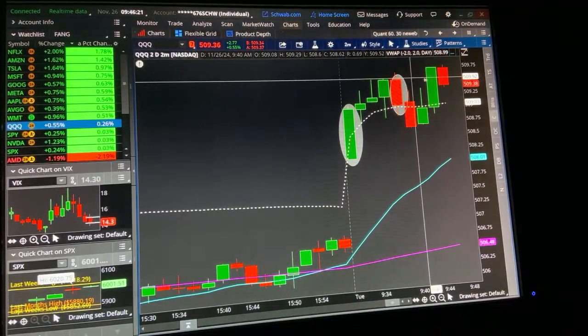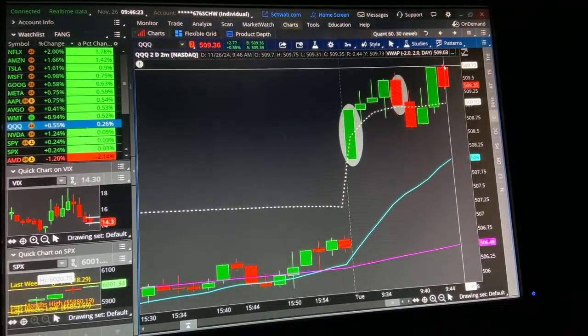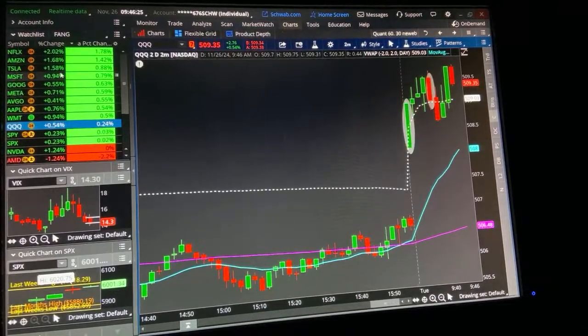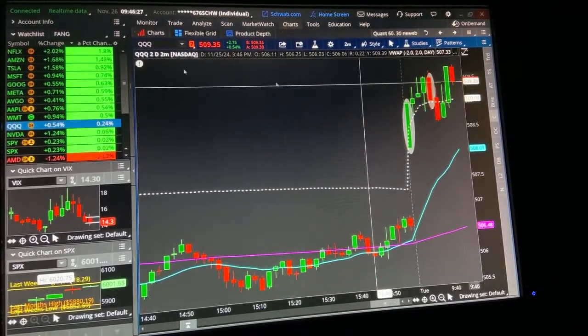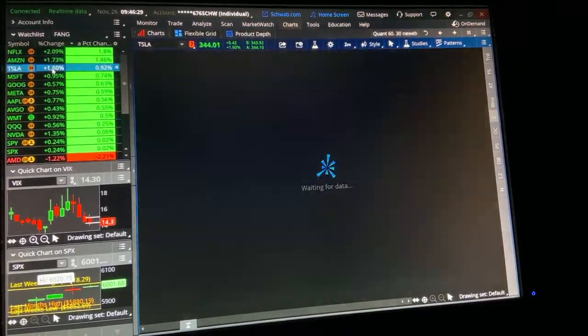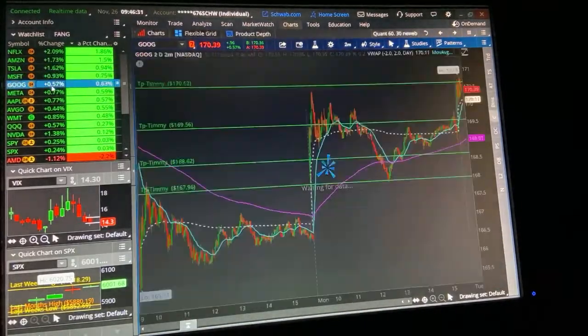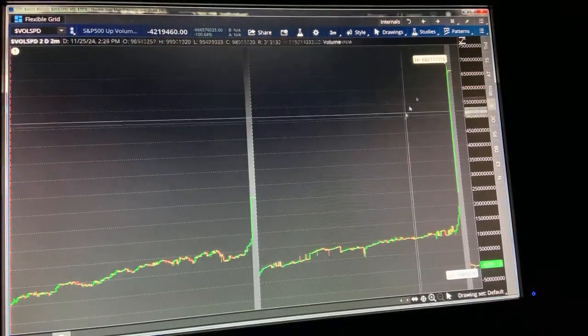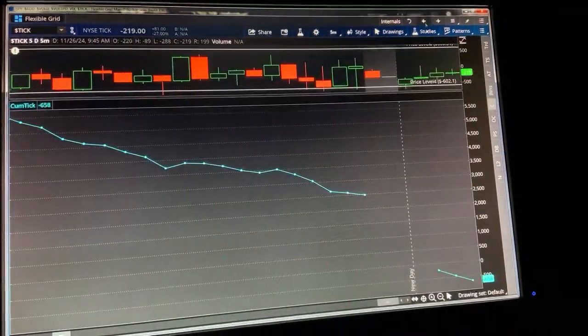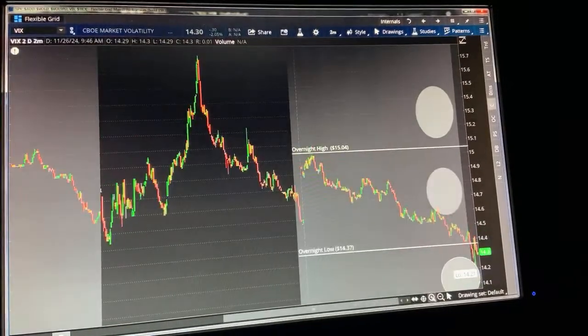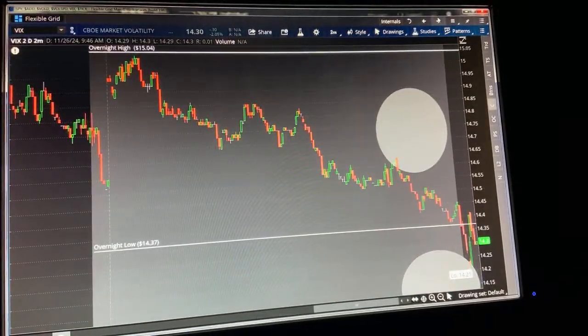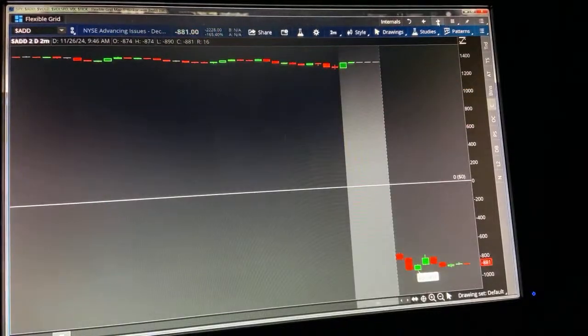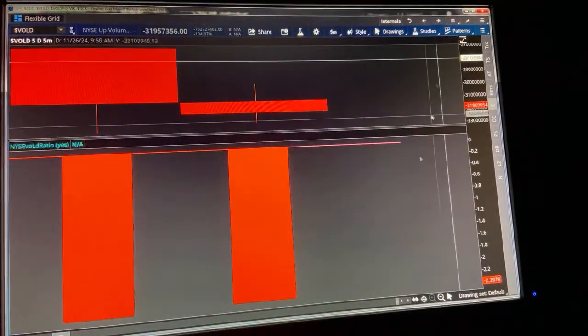Anybody got long queues? Just made a quick little new high there. All right, good job. VWAP test. All right, I would open up a new position with y'all, but this is my time so far.